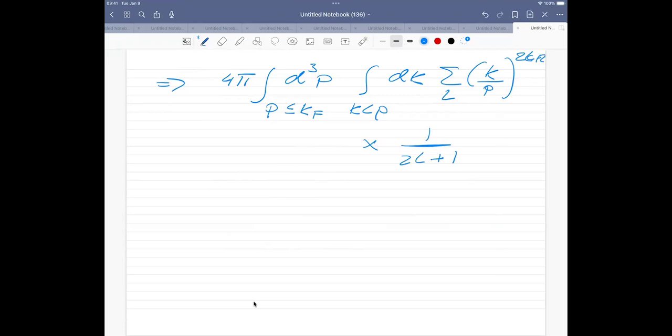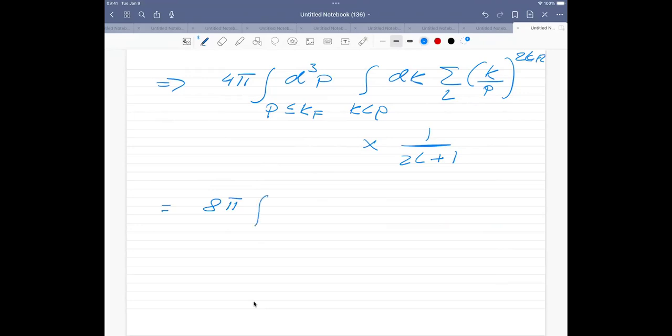Now, if you now look at what we have, the sum over the L's is independent of the integral over K. So I can just do that summation without thinking of the integrals. I have a K divided by P to the power of 2L plus 2. So I can perform the integration over K now, because this is going to be equal to an integral which looks like 8 times pi.